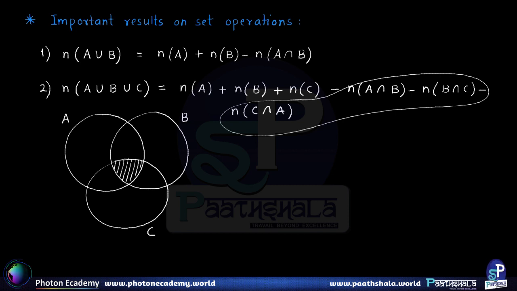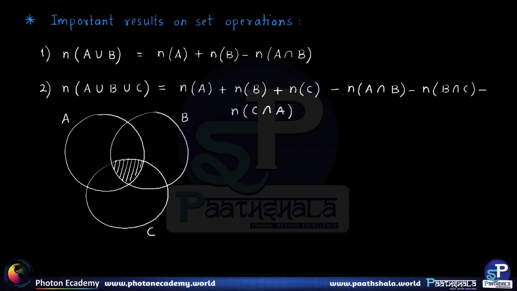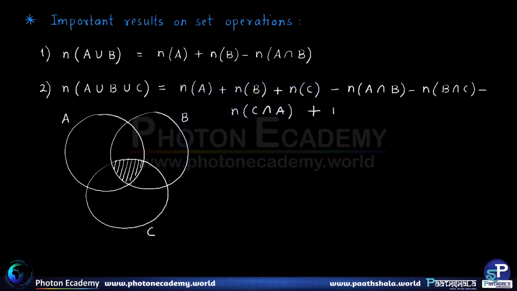So as a net, this region is not accounted for because it got added 3 times and subtracted 3 times. So we must add it back and write plus n of A intersection B intersection C. Getting? So this is the way we calculate the number of elements in the union of 3 sets.